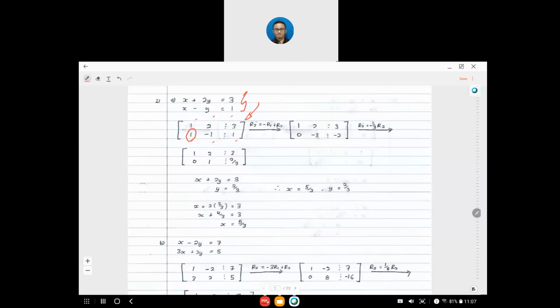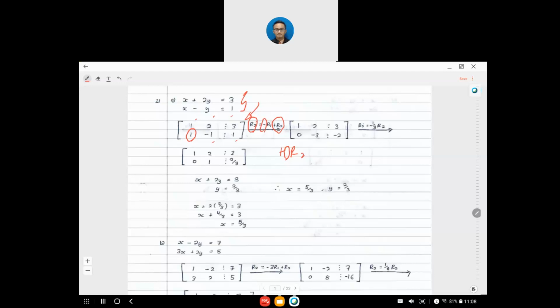When you want to change row 2, make sure here is plus row 2 only. You cannot put any other value here, tak boleh ada sebarang nombor di situ melainkan positif 1, because you want to change row 2. Only at this value here can you add or multiply by any variable. Awak hanya boleh darab dekat situ sahaja.